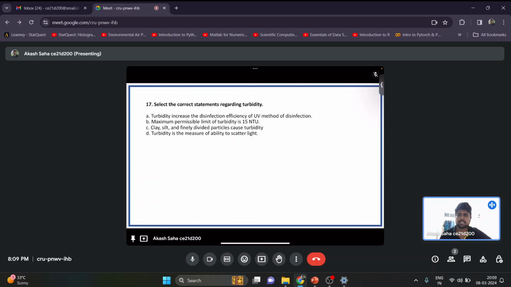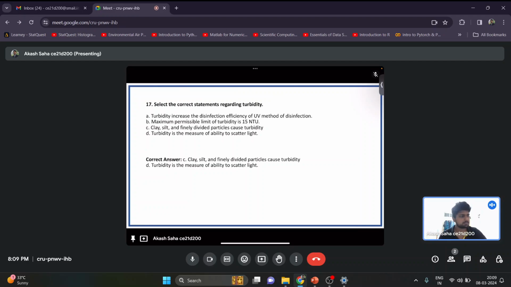Option C, clay, silt and finely divided particles cause turbidity. This is true because all these particles will scatter the light, and turbidity is the measure of the ability to scatter light. So option D is also correct. So both C and D are correct in this question. The correct answer is option C and D.